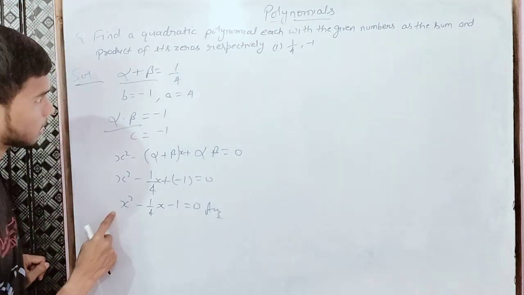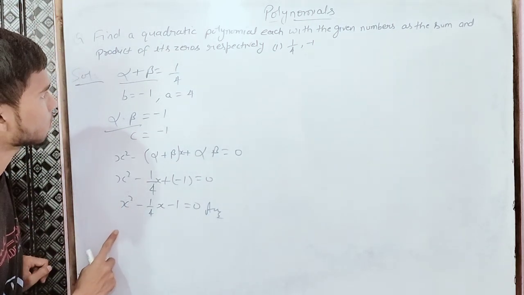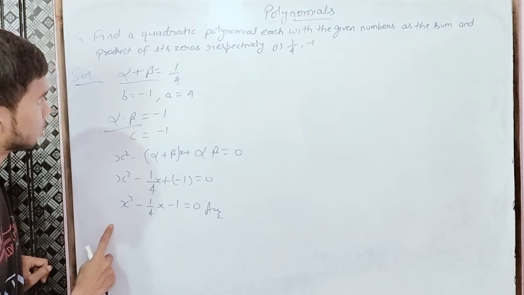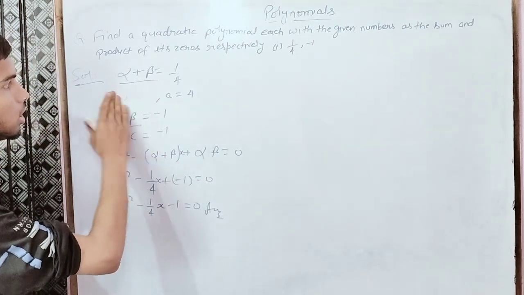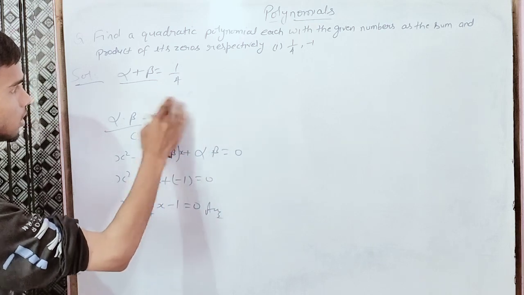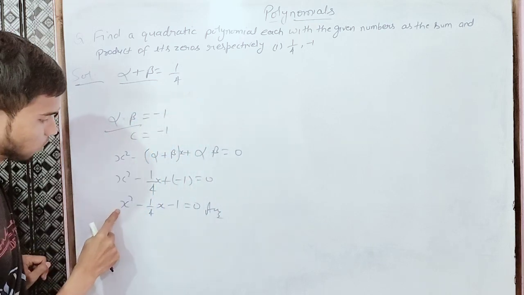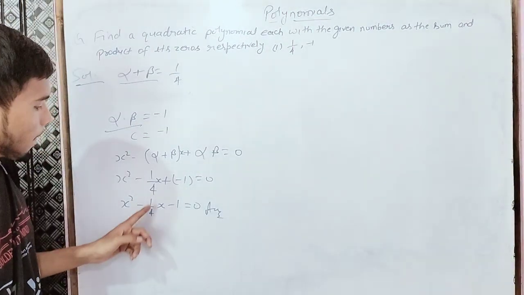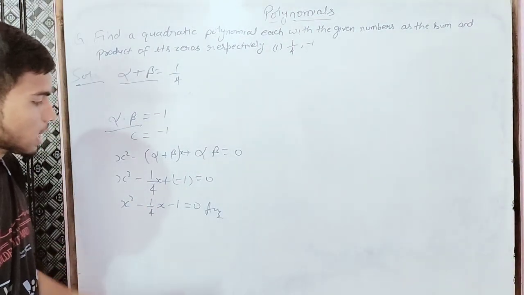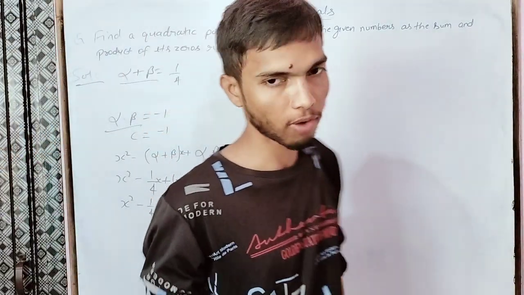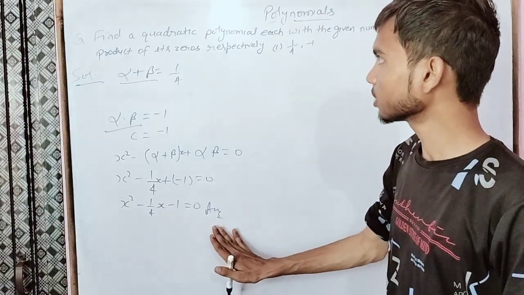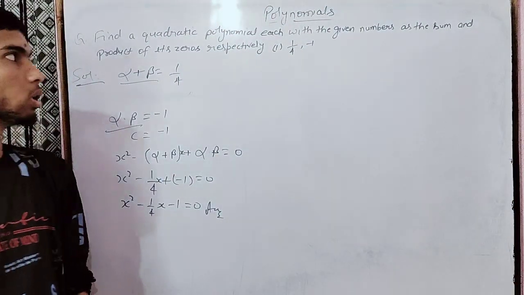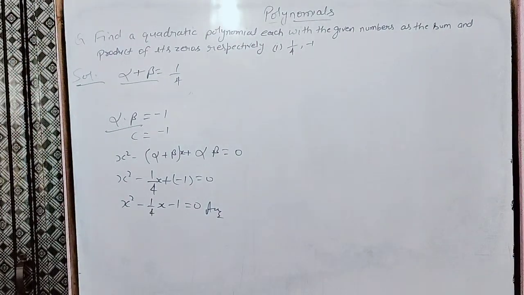So here you can see a is a 1, b is a minus 1 upon 4 and c is a minus 1. So we have found this unknown quadratic polynomial by the help of two zeros.